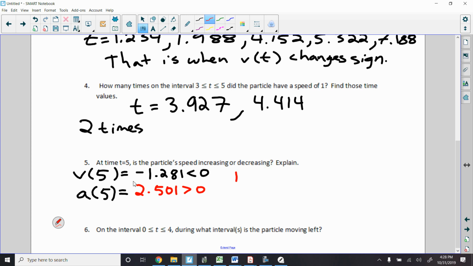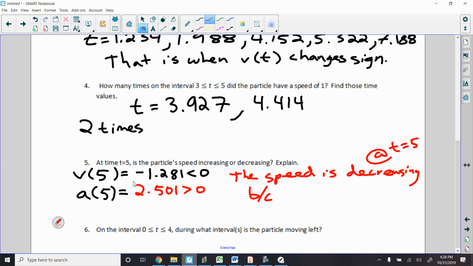So I can say the speed is decreasing at t equals 5, because v of 5 and a of 5 are opposite signs.